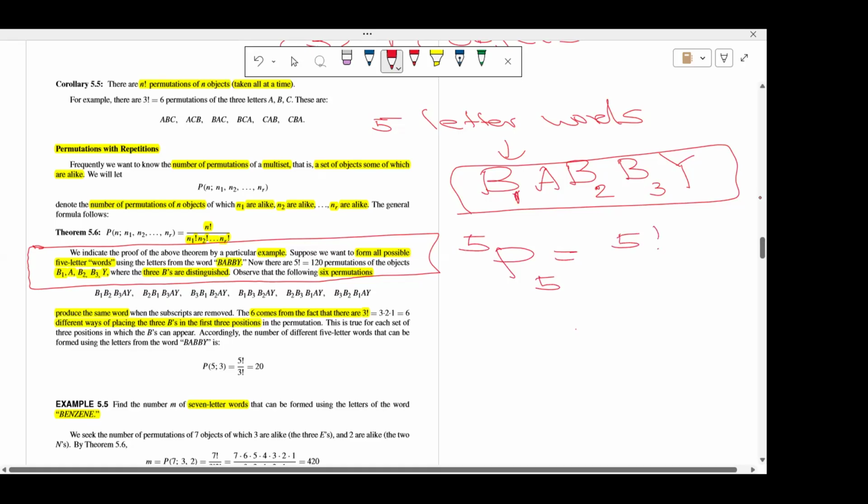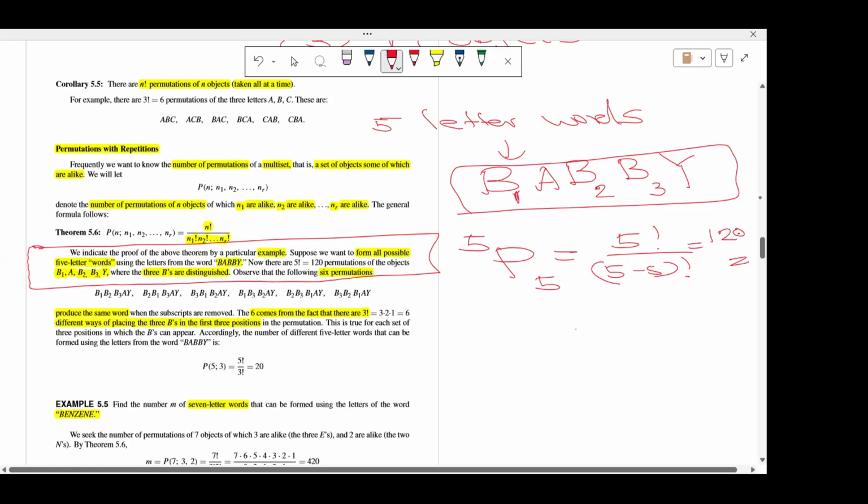So 5 factorial over (5 minus 5) factorial. 5 factorial is 5 into 4 into 3 into 2 into 1, and 0 factorial is 1. So 120 is the answer when B1, B2, B3 are separate letters.